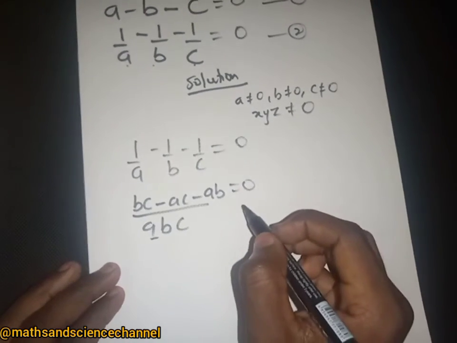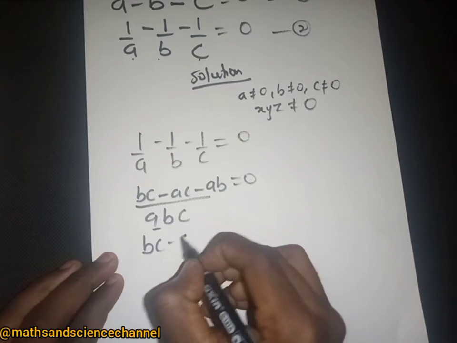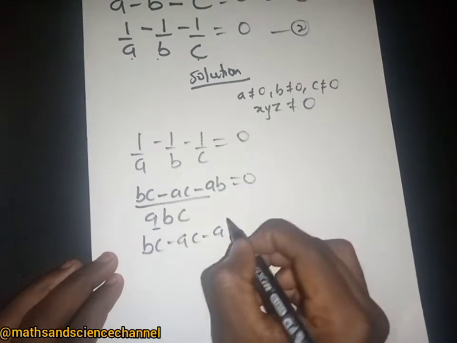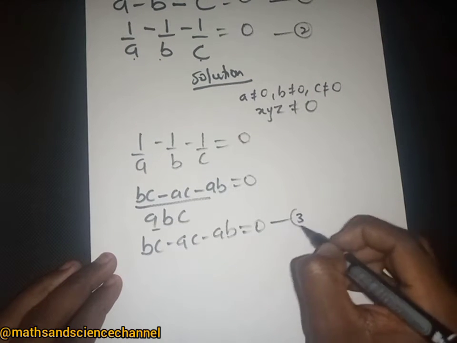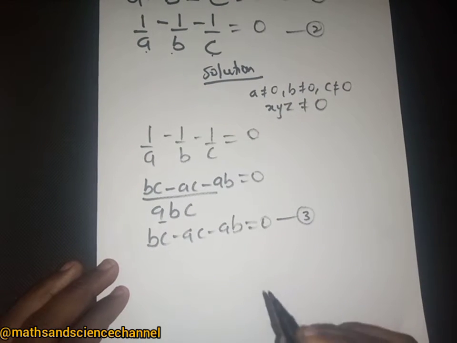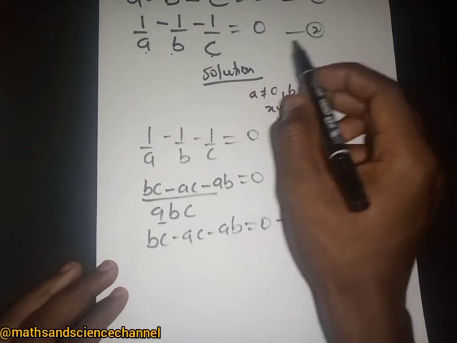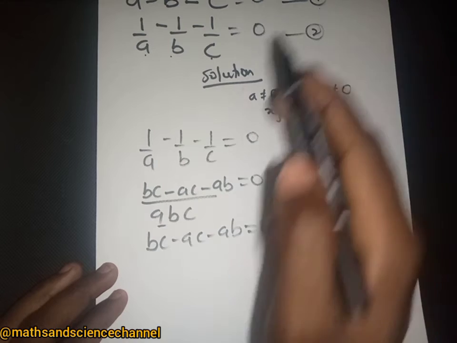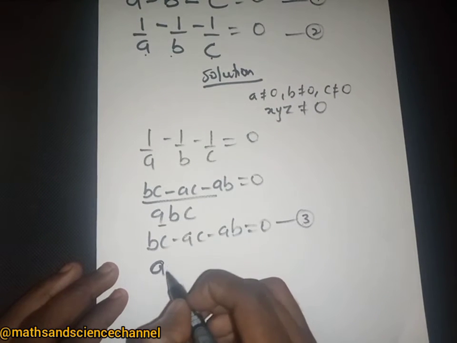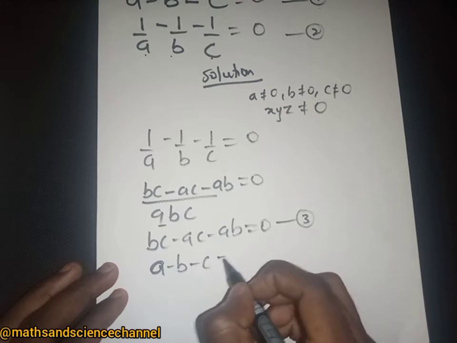When we cross multiply, we have bc minus ac minus ab being equal to 0. So let's call this equation 3, right? Now from equation 1 we have that a minus b minus c is equal to 0.